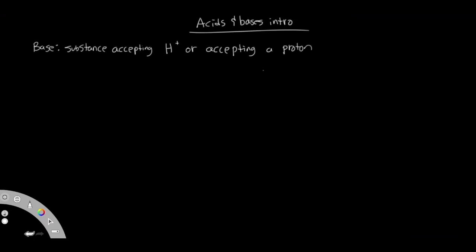So for the base, it is accepting the proton. In contrast, for an acid, it's going to be the opposite. It's going to be a substance that donates the H plus, or donates the proton.